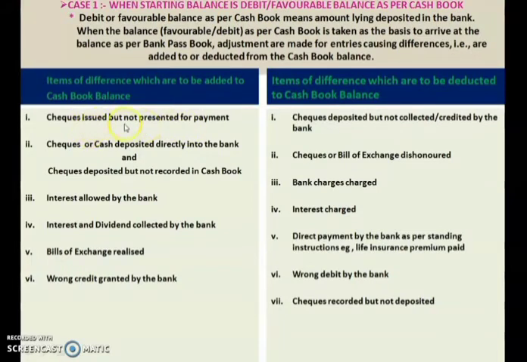But when you issued the check, at that time itself you made the entry in your cash book, but your passbook is unrecorded as that check was not presented by your creditor. Okay, so that makes a difference between cash book and passbook. You record it in cash book, but the customer or that creditor didn't go to the bank to take payment, so it was not recorded in passbook. So that difference we have to correct.